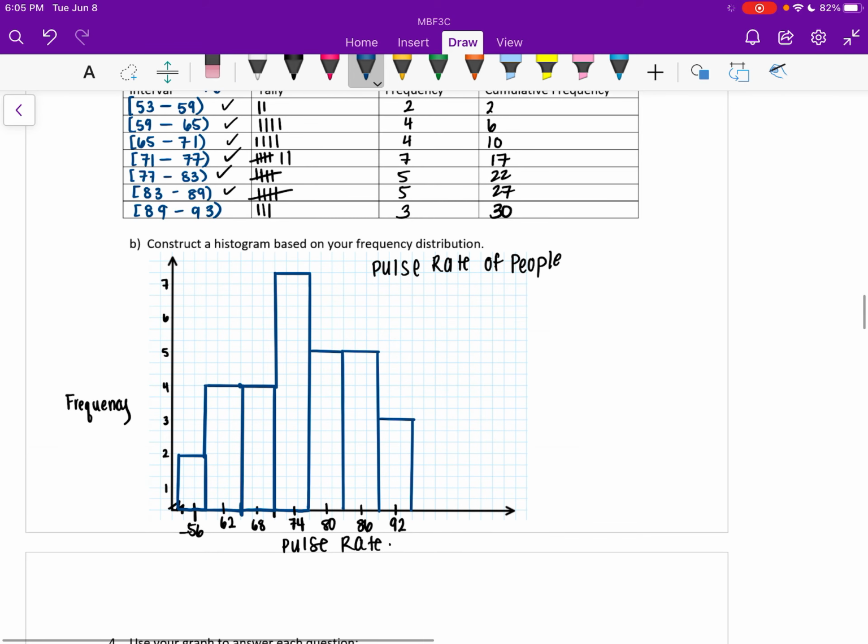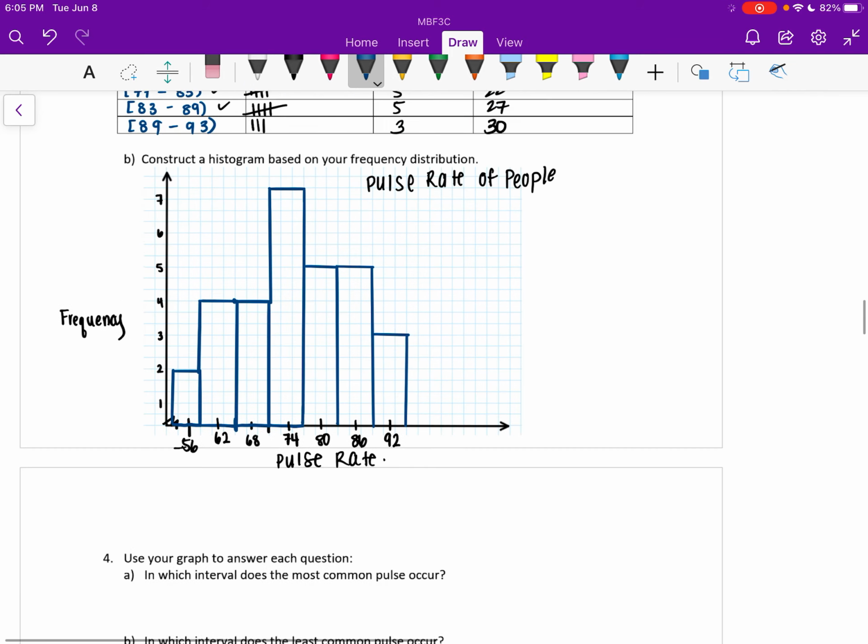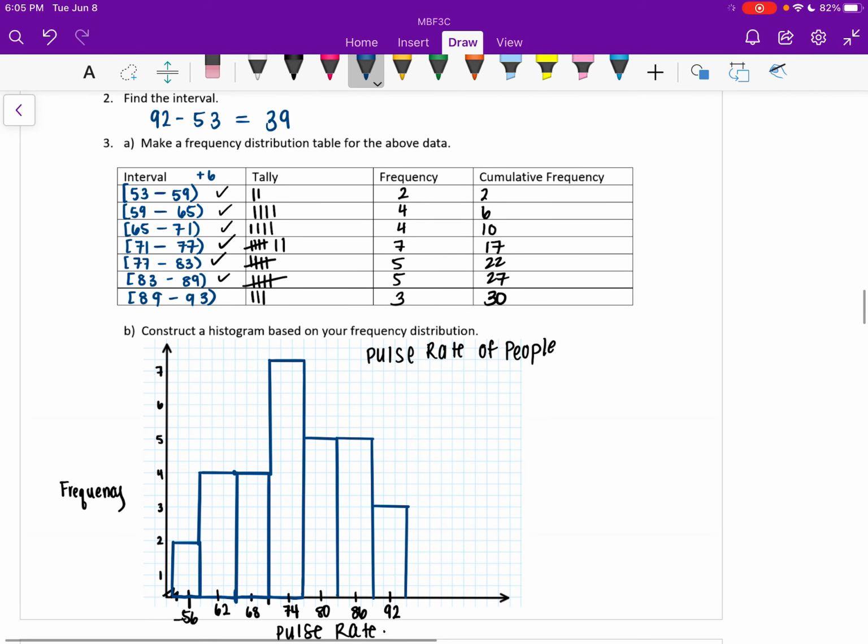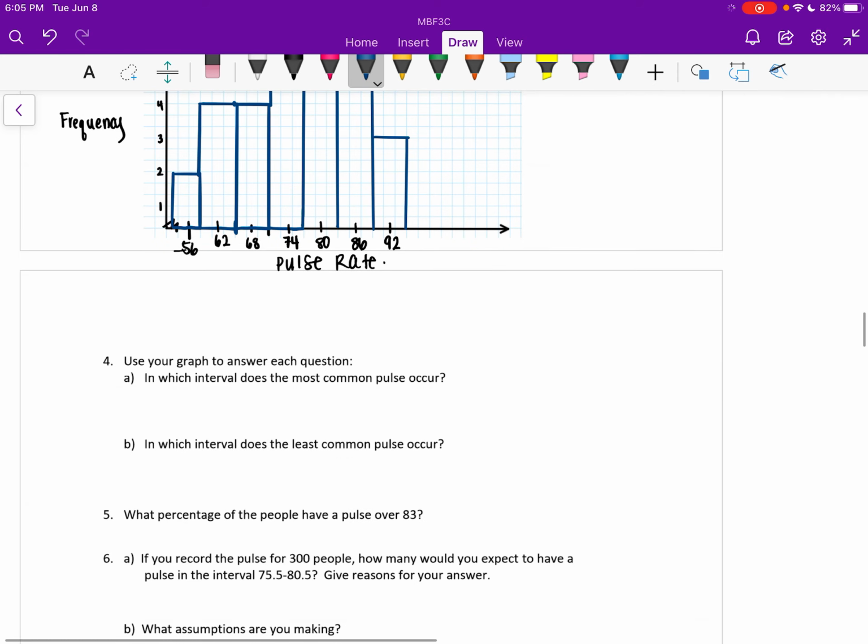So in between 71 and 77 beats per minute, right? So we know it's going to be 71 to 77. And it's really easy to read that data off of our graph because it's right there. So that's the interval that it occurs at.